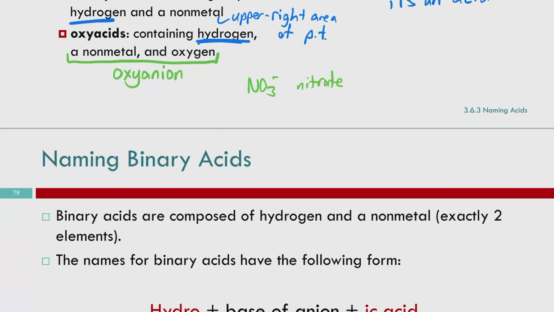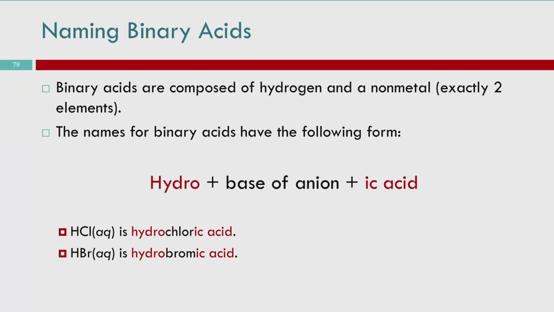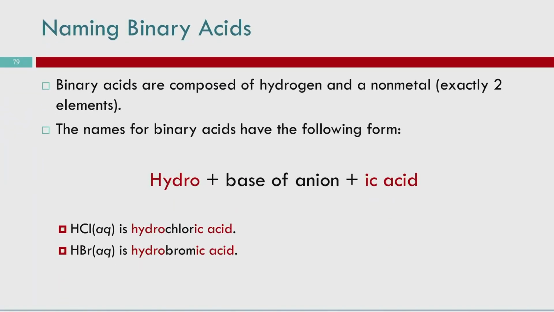So for binary acids, where we just have two elements, our name takes the following form. We have a hydro prefix that we put in front. This is what is unique about binary acids. You will never see this on an oxyacid.